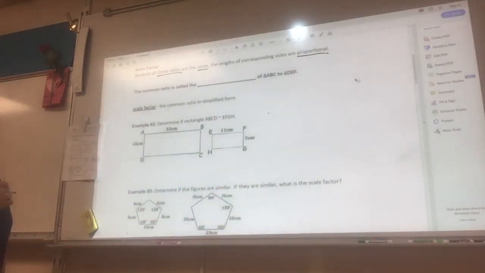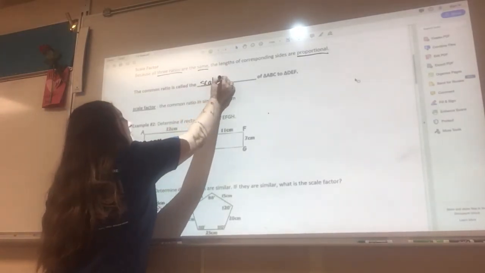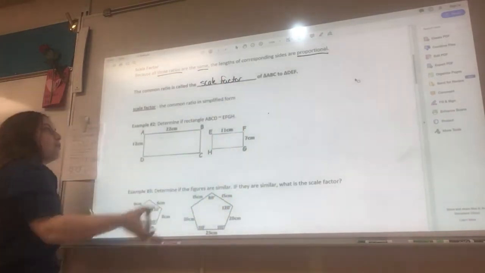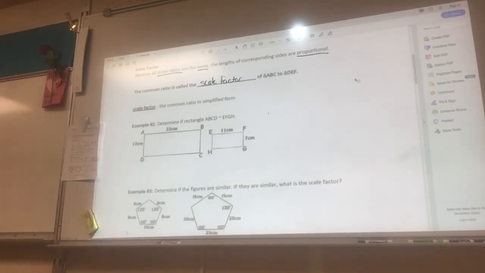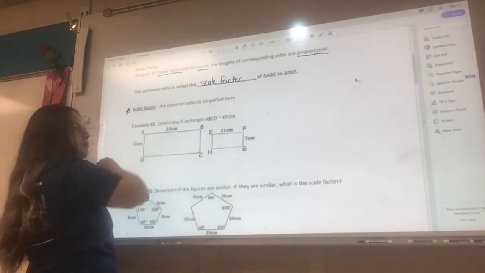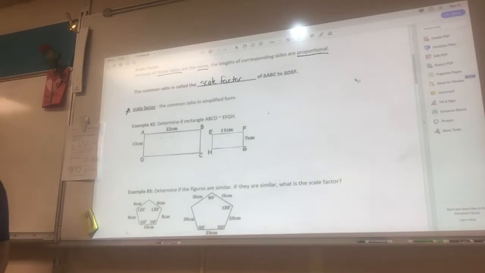The common ratio is called the scale factor. So we're noticing ratios are helpful with proportions, which is helpful in similar polygons. As a quick reminder, scale factor is the common ratio in simplified form. As above, the scale factor was 1/2.